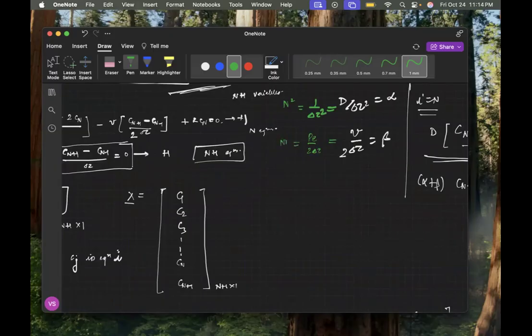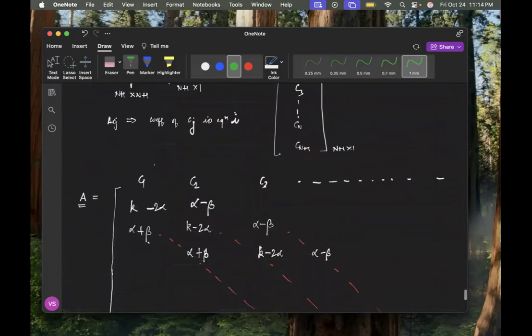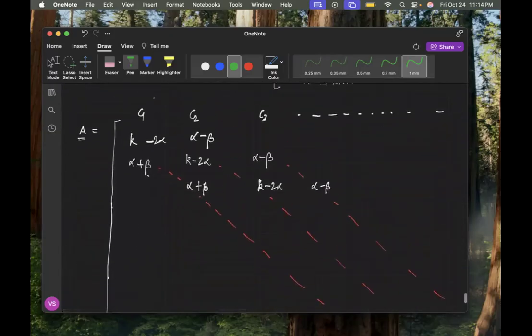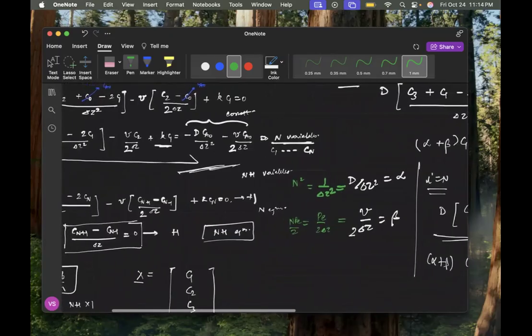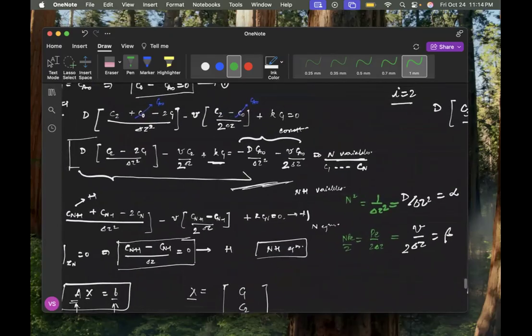So you will write this as nPe over 2. So that's beta. And other than that, we have a few terms where we have this k, which is the coefficient of the linear term here. So the coefficient over here is now the Damkohler number.